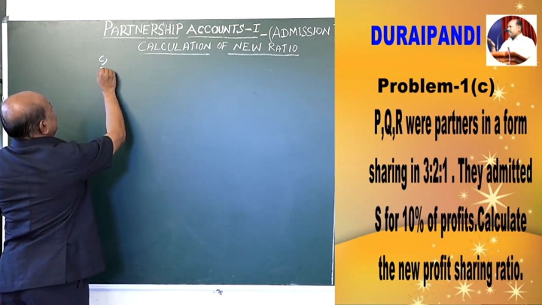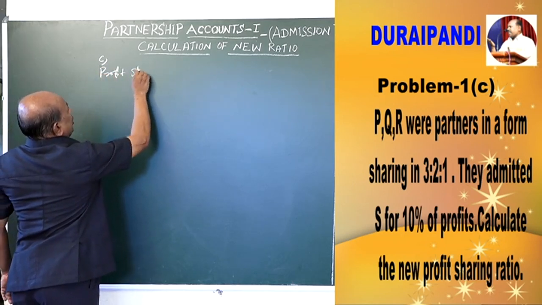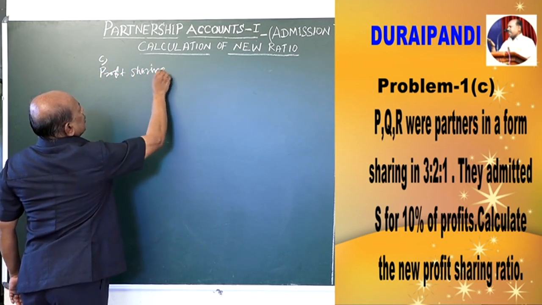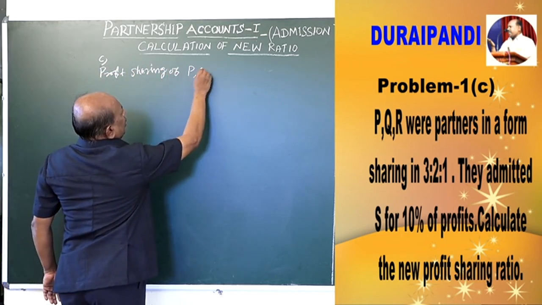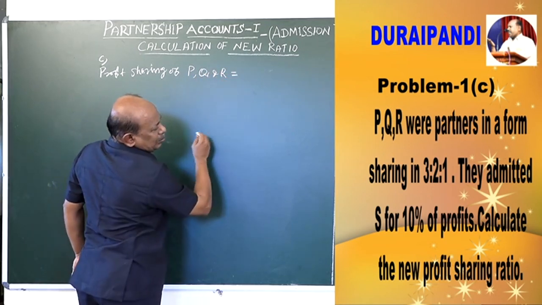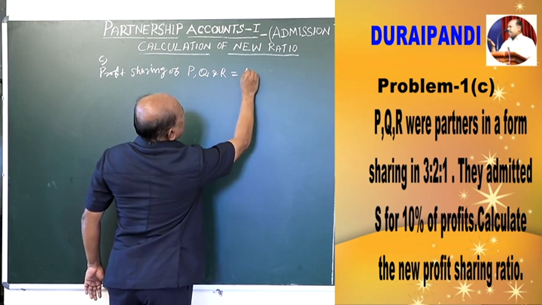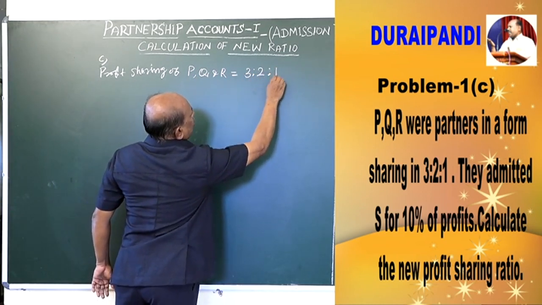Profit sharing of P, Q and R equal to 3:2:1.